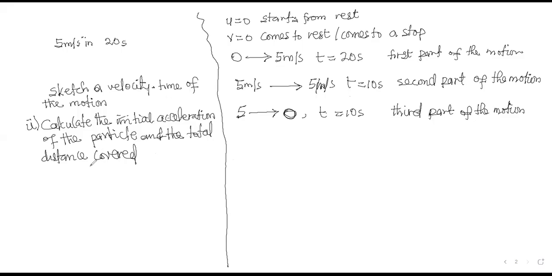Now, we are asked to sketch a velocity time graph. So pay attention and look at the sketch. My vertical axis is the velocity. Then the horizontal axis is the time axis.